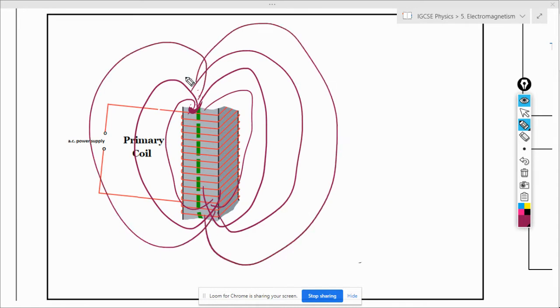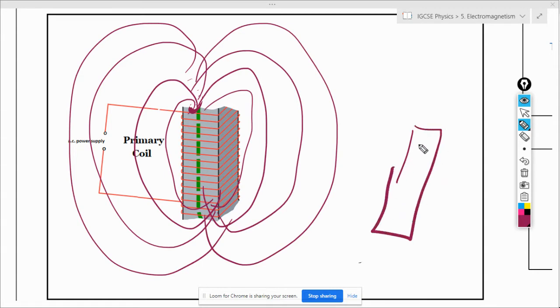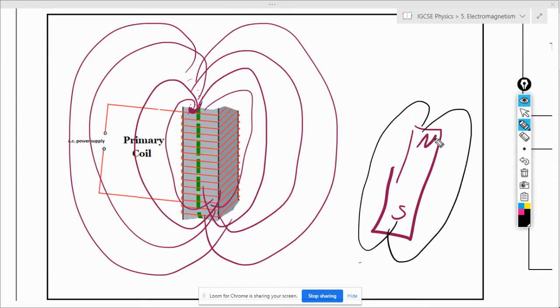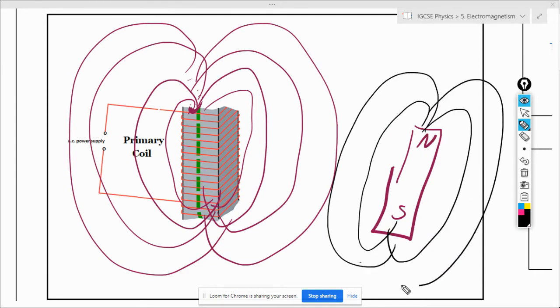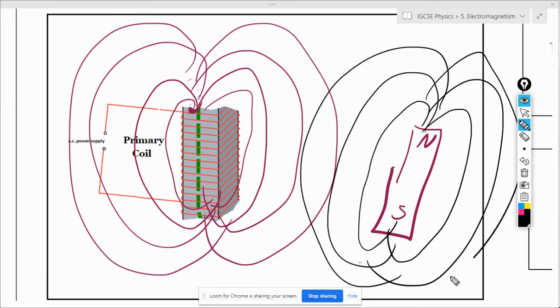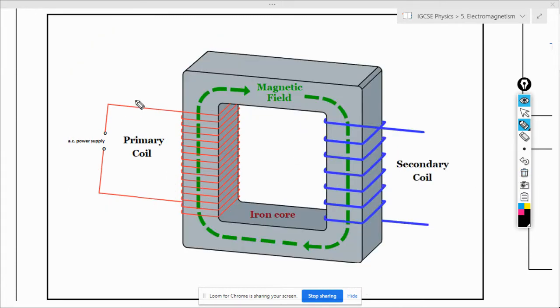So this is the same shape of magnetic field there would be if you just had a bar magnet with a north and a south. So this magnetic field around the solenoid that has a current through it is just the same shape as this bar magnet. Now, did you see how spread out that magnetic field was?